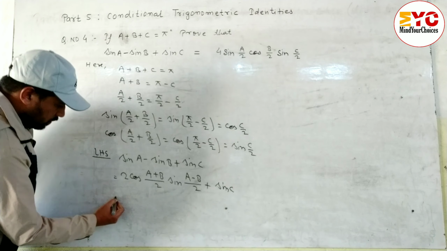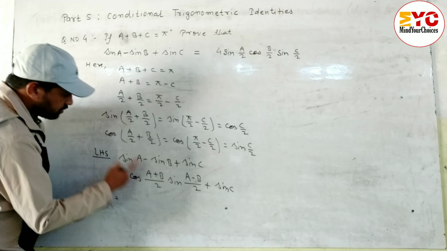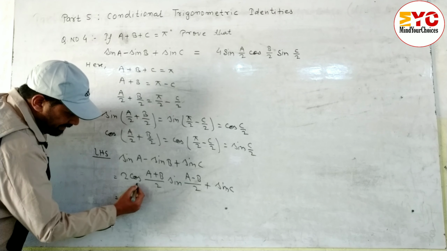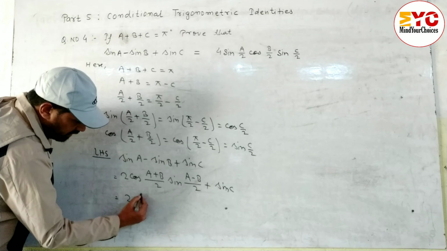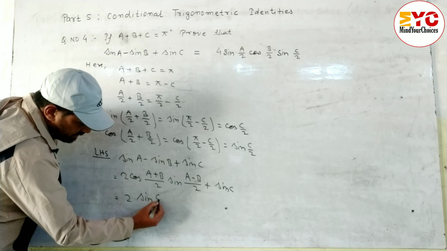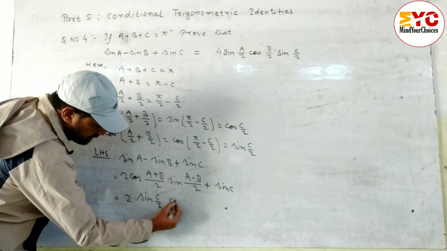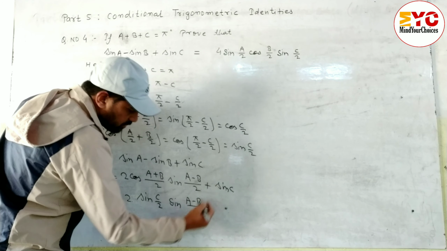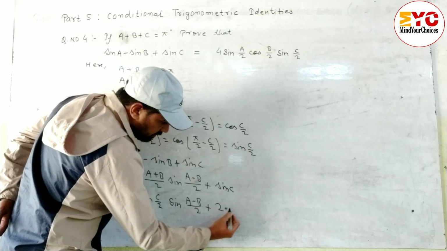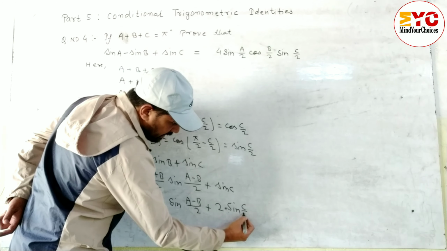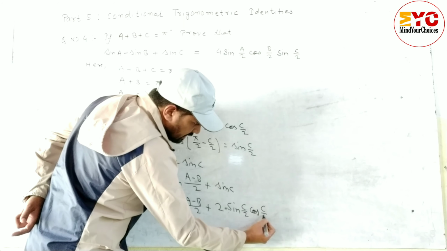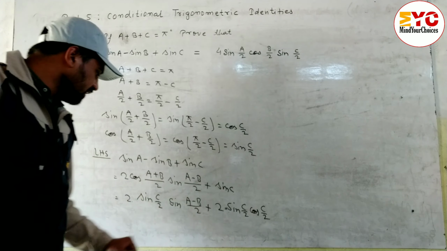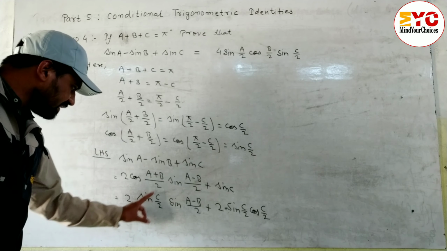Okay. Now what is the value of cos of A plus B by 2? Cos of A plus B by 2 is sine C by 2. So in the place of cos of A plus B by 2 we can write here sine C by 2. Here sine of A minus B by 2 plus, now we have to use the formula of sine C, 2 sine C by 2 cos C by 2. Okay, now after this we have to take common, and the common is 2 sine C by 2.